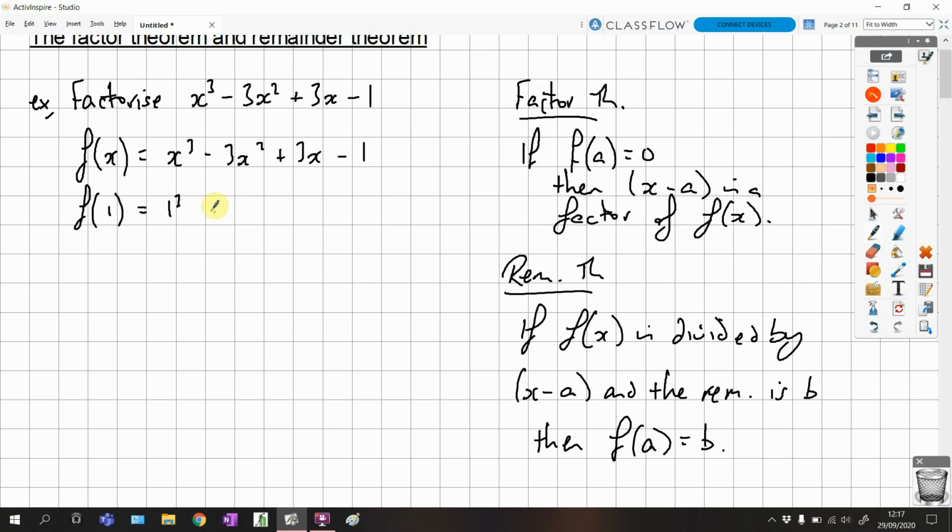1 cubed minus 3 times 1 squared plus 3 times 1, take 1. That's 1, take 3, plus 3, take 1. It makes 0. And so from the factor theorem, we conclude that because f of 1 equals 0, then x minus 1 is a factor.